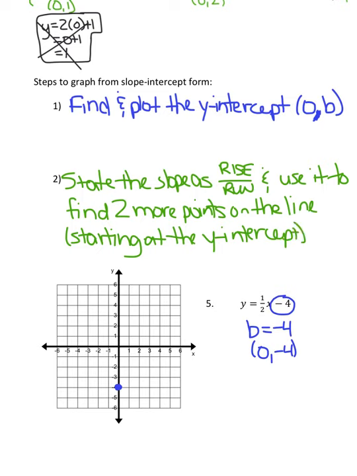So step 2 is to state the slope, right, as rise over run, and use it to find 2 more points on the line, starting at the y-intercept.